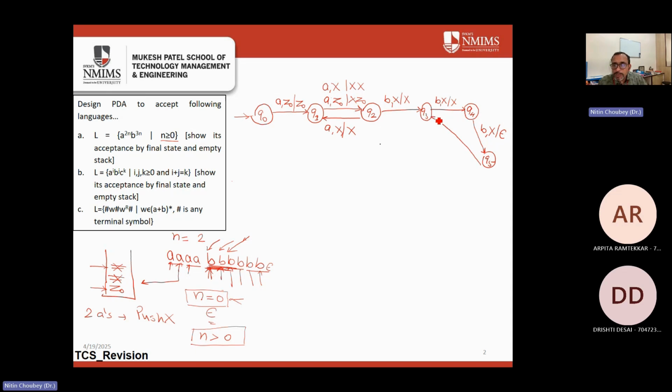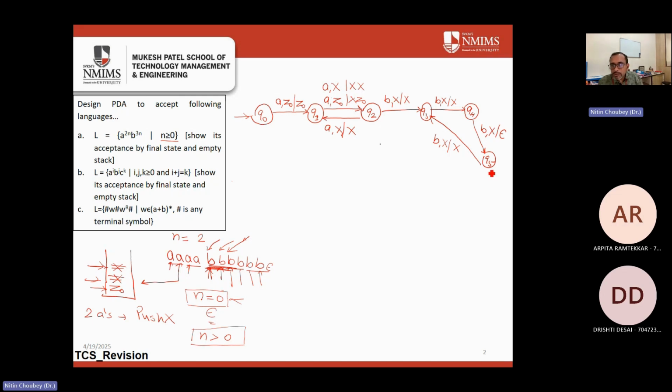So let's move to this place. First B on X, keep X as it is. Second B, skip. For third B, replace X with epsilon. That means pop X. This process of three consecutive B's checking will continue till all X from the stack have been popped.